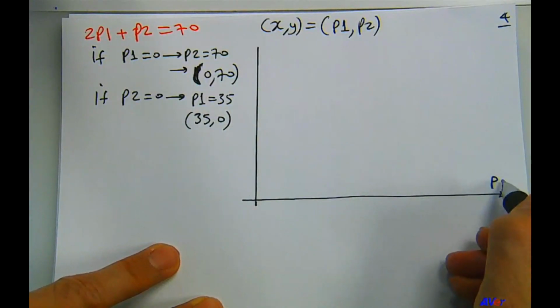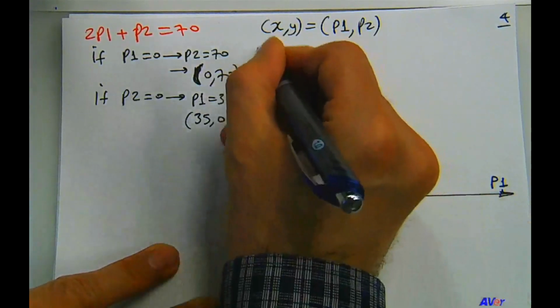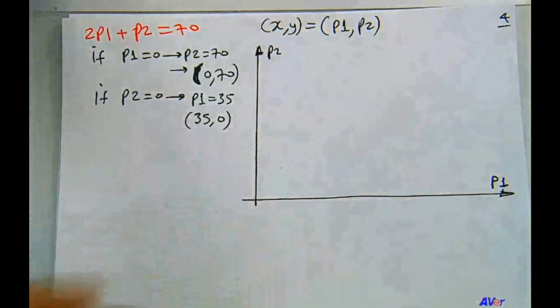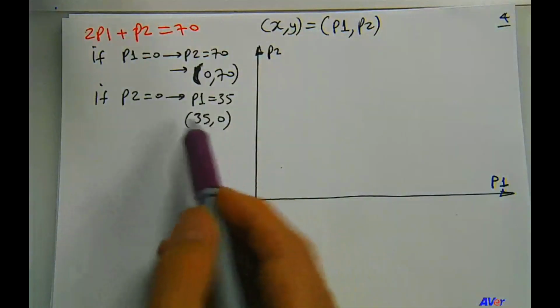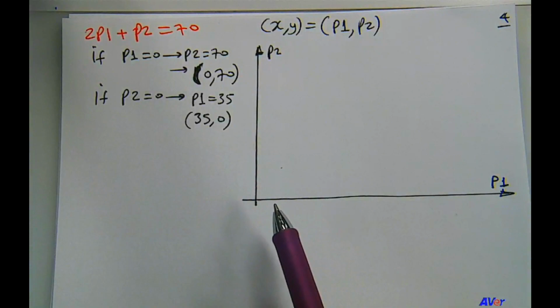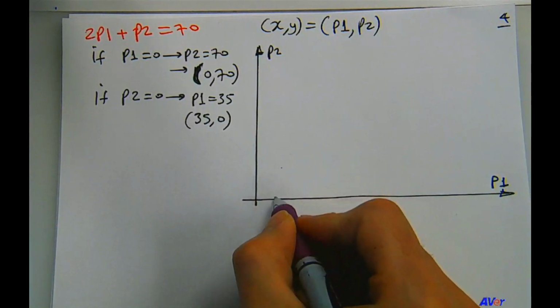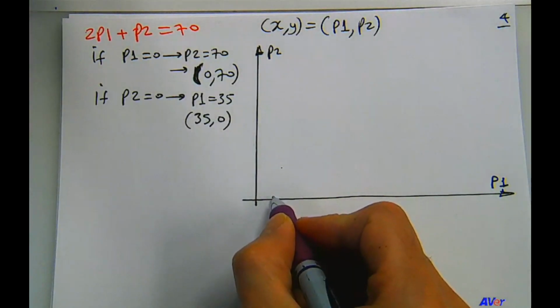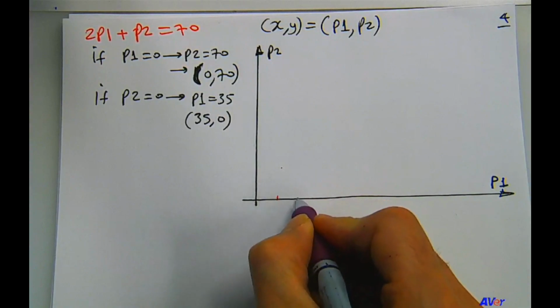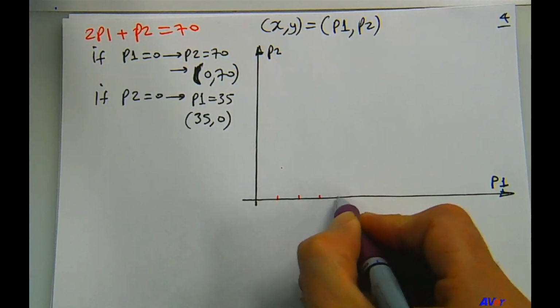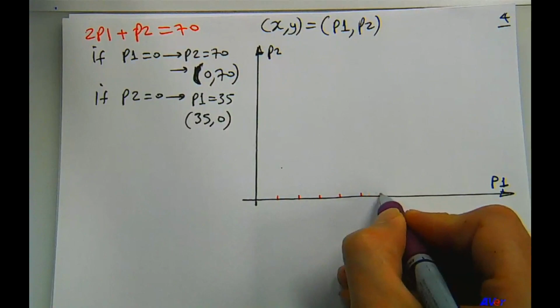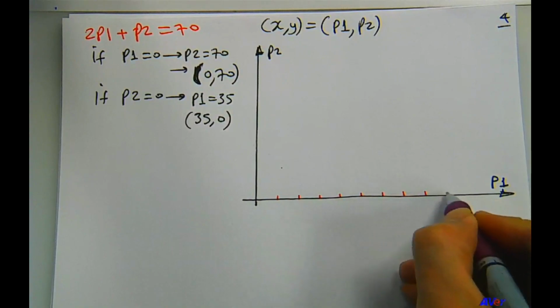So this is P1 and that's P2. These numbers are large, so I'm going to give these increments of 10. So 10, 20, 30, 40, 50, 60, 70, 80, 90.